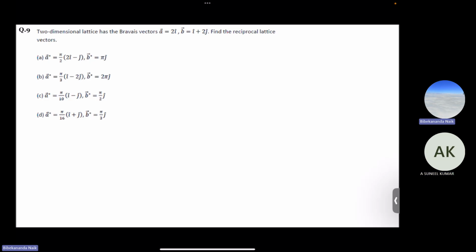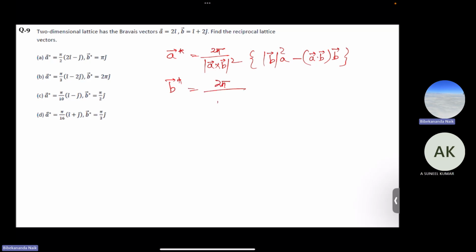Those formulas were: a star vector equals 2 pi over the magnitude square of a cross b, times b magnitude square into a minus a dot b into b. And b star vector was 2 pi over the magnitude square of a cross b, times a mod square into b minus a dot b into a.